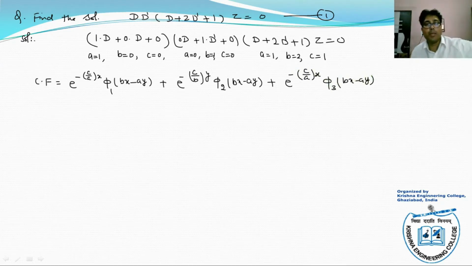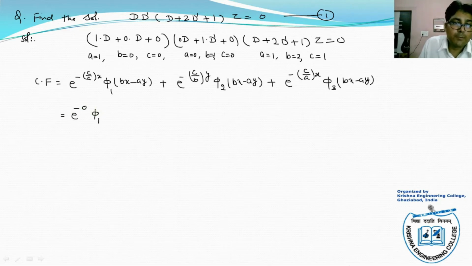Now put the values of a, b, c in the corresponding factors. So corresponding to the first factor, the value of c is 0, so this becomes 0. φ1(bx - ay), b is 0, minus a is 1 into y, plus e^(-c...), again in this factor c is 0, so this becomes 0 completely.